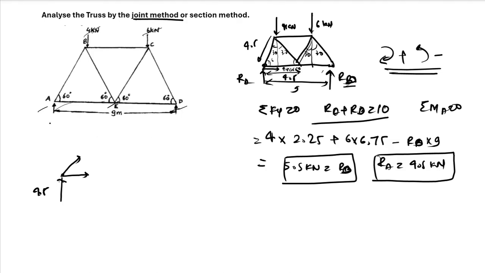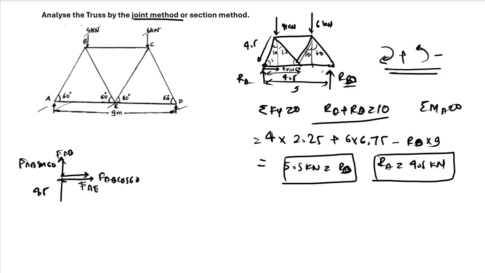We have at point A, this is 60 degrees, and this is FAE, and this is FAB. Applying the equilibrium condition here, we first need to resolve the force FAB, which becomes FAB cos 60 and FAB sin 60.